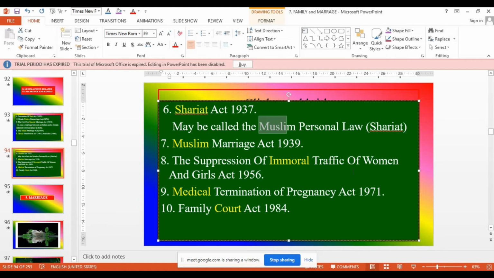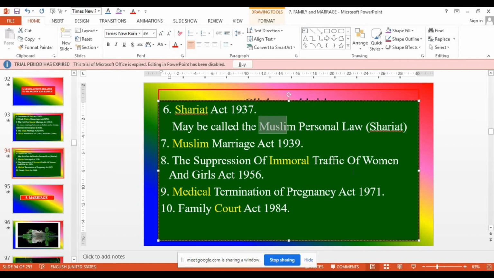Girls and women are transferred or trafficked from one place to another, or sold, for prostitution and other immoral practices. So this legislation has various provisions: punishment for those involved, and measures to prevent immoral trafficking.